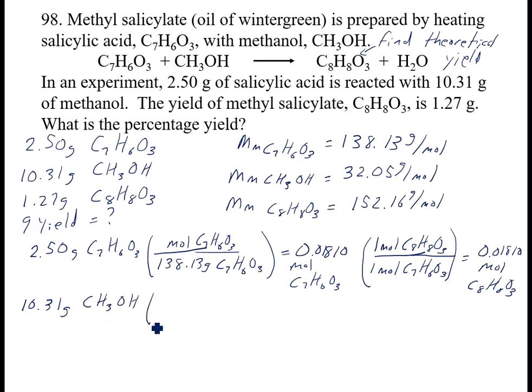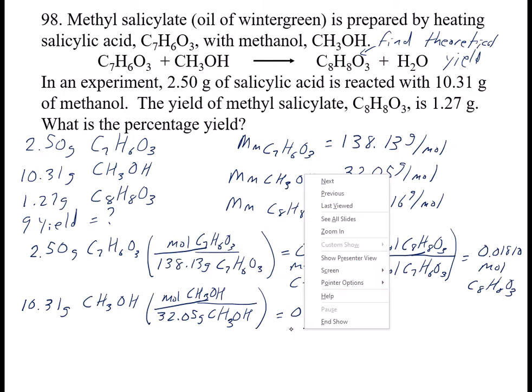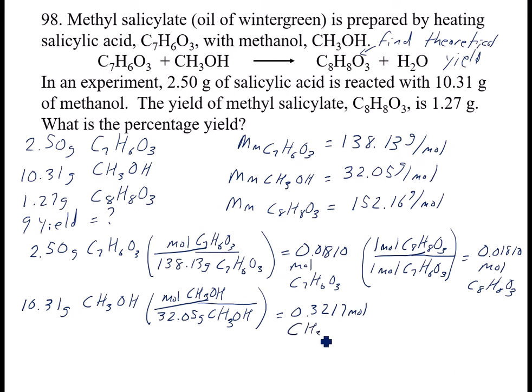I have to do the same thing with the methanol, so I have 10.31 grams of CH3OH. Again, I divide by the molar mass, which is 32.05 grams per mole of CH3OH, and that gives me 0.3217 moles of CH3OH. Again, all the coefficients here are 1, so I have 1 mole.